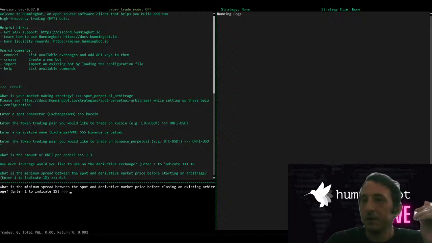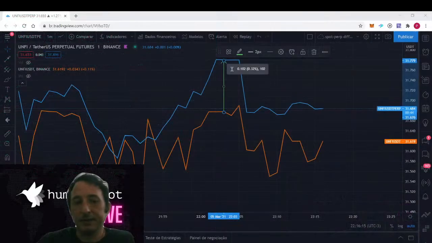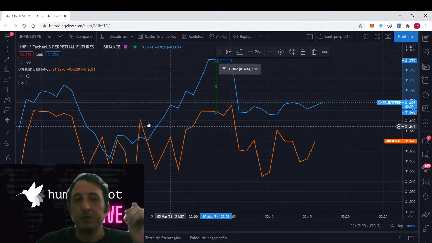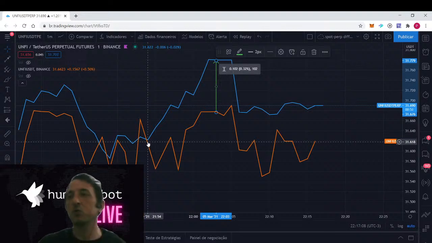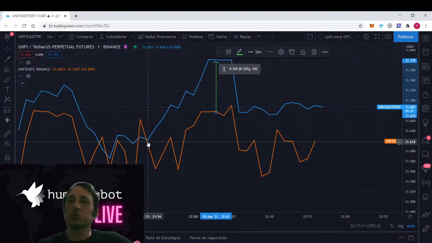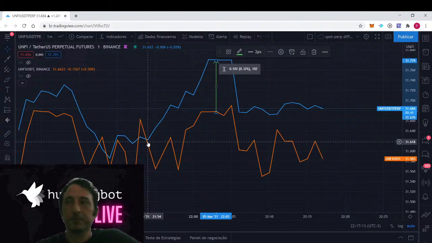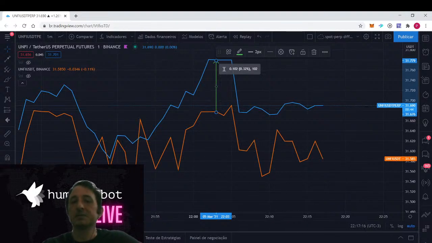Getting back to the price graphic, it would be like what happened here, where the prices crossed over one another. This means the prices totally converge to the same value. But you can set a value a bit higher, so that if the price gets close but is not exactly the same, you still close the trade. So let's put 0.05 here, for example.